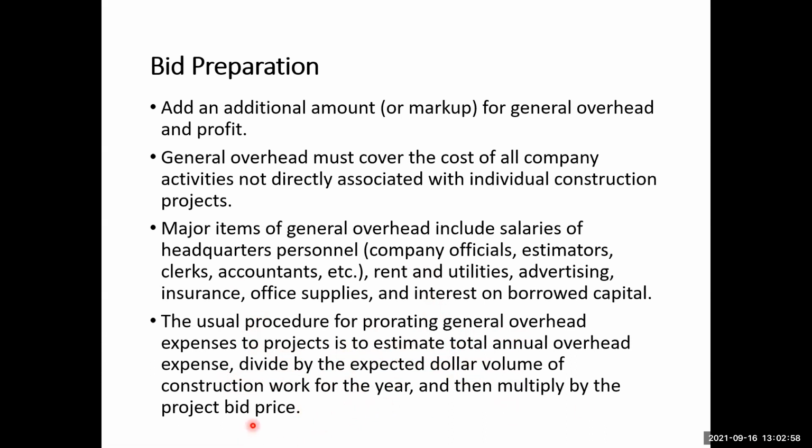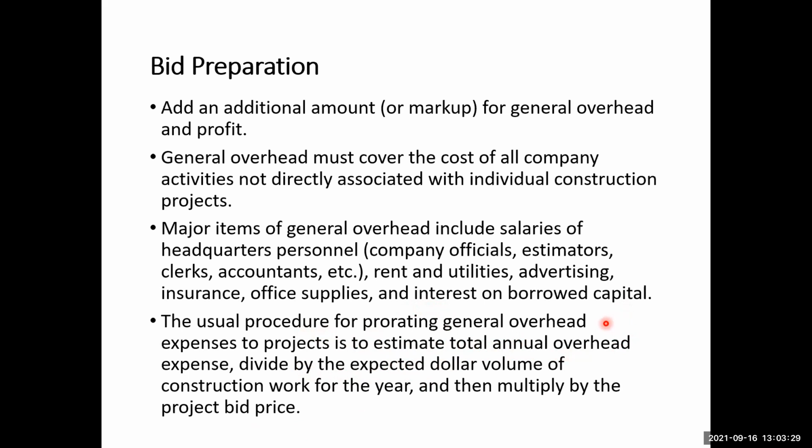So in this way, you can prorate the cost of the project. So for example, if the total general overhead expenses are say $1 million, okay, $1 million. So that $1 million may be then divided by the total of all the projects.